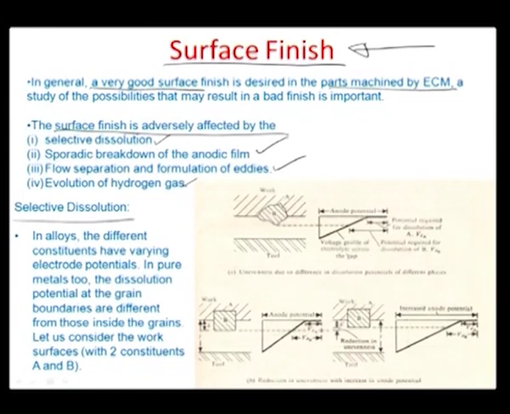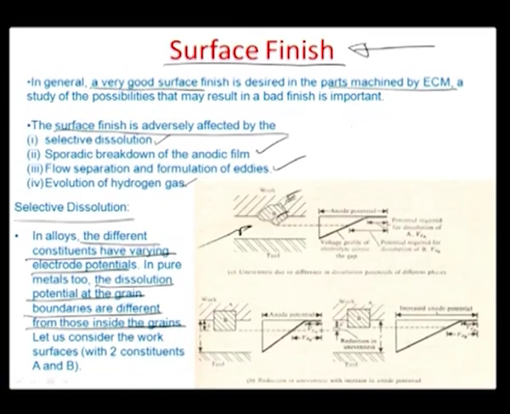So, let us suppose we are machining an alloy with 2 different phases A and B, as you can see here in this particular cartoon or schematic. Okay. So, the different constituents that we are using here, A and B, have also varying electrode potentials. So, A may have slightly higher dissolution potential than B or vice versa. In fact, if you go from alloy systems to pure metals also, the dissolution potential at the grain boundaries are quite different from those inside the grains.